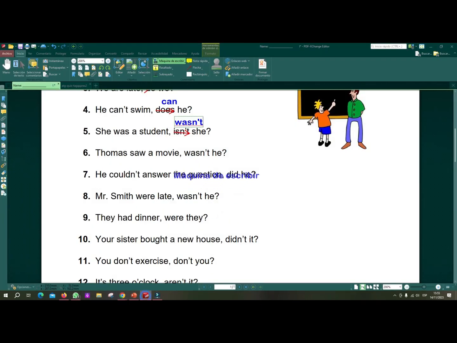Excellent, Mr. George. That will be that one, right? So, the mistake is not wasn't he, that is didn't, right? Didn't he? That will be perfect. So, Thomas saw a movie, didn't he? Right?